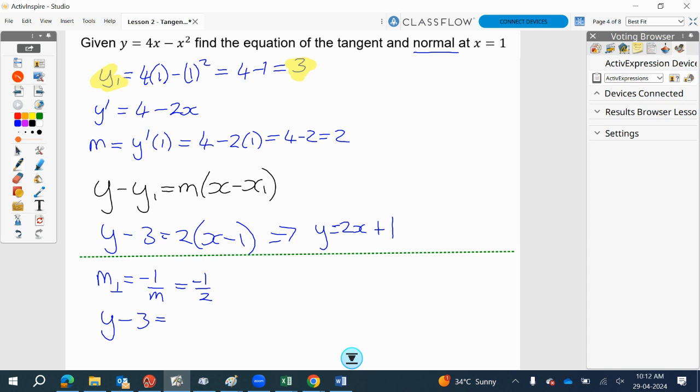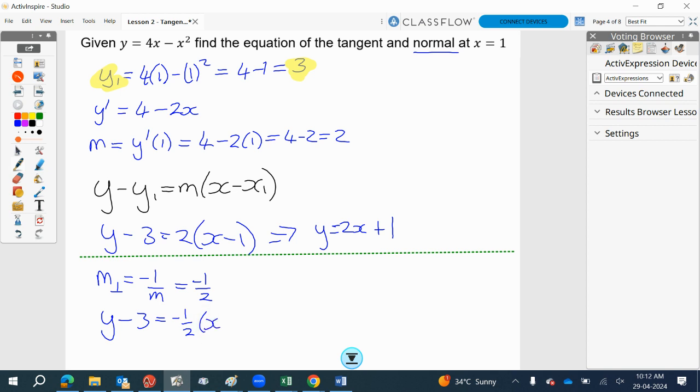What line are we trying to find? The perpendicular. What is the relationship between perpendicular lines? Negative reciprocal. So we've got minus a half. We just found it.